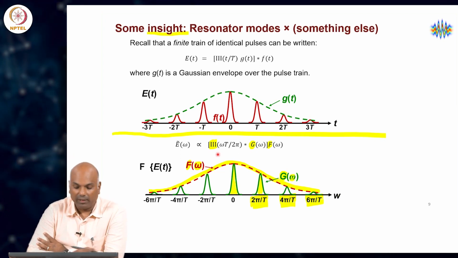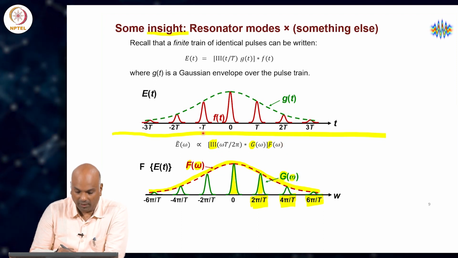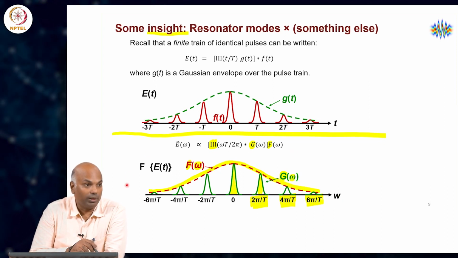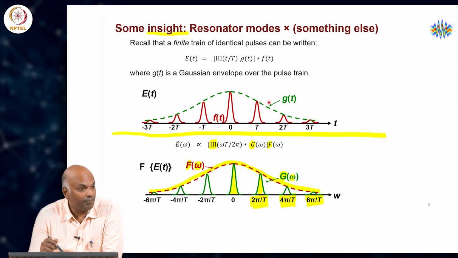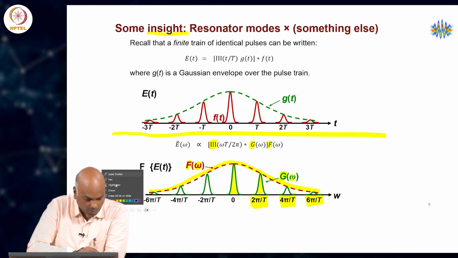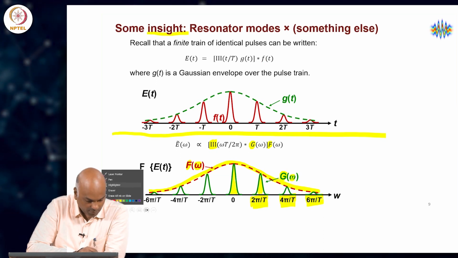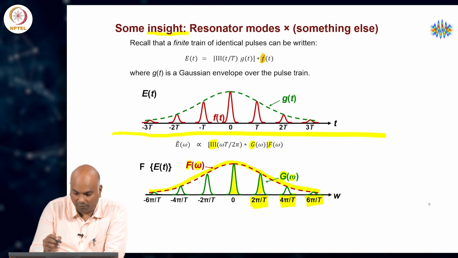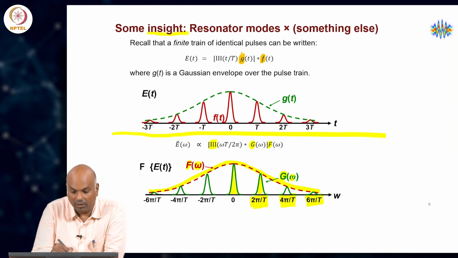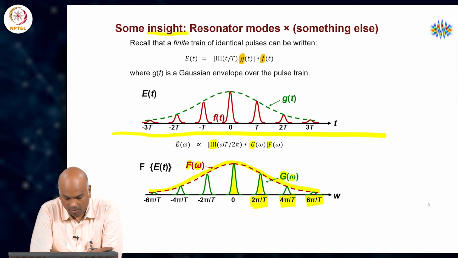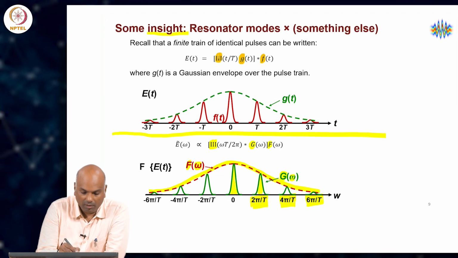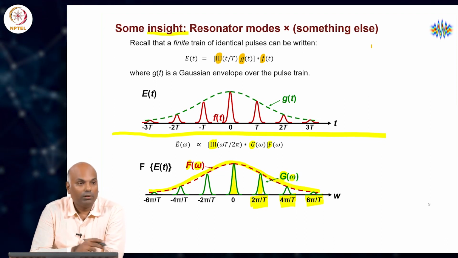Once you do that, we figure out that this functional form in the spectral domain has a corresponding form in the temporal domain, by noting that little f of t is the conjugate of capital F of omega, little g of t is the conjugate of uppercase G of omega, and this is a standard function for the periodicity.